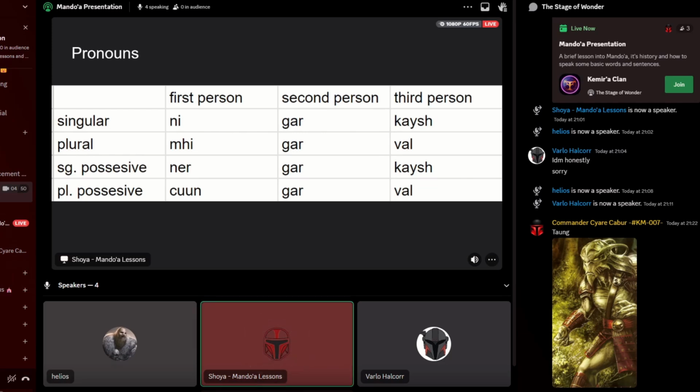As you can see, the singular first person is ni, N-I, and that is I or me. There is no difference between subject or object. It is ni at the beginning of the sentence, it's ni at the end of the sentence.